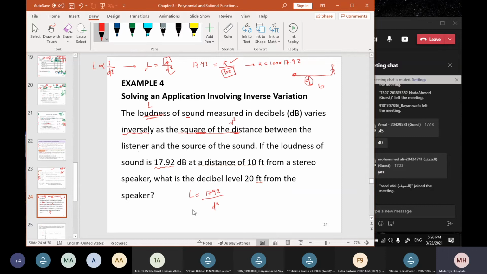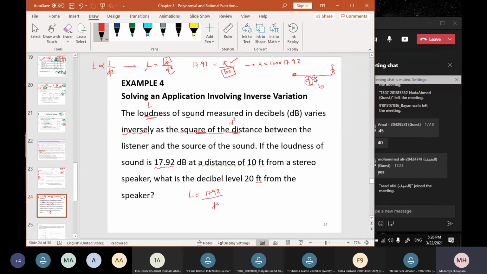Okay. What is the decibel? Decibel means loudness. Level 20 feet from the speaker. If he moved to here, how far is it from the source? 20.